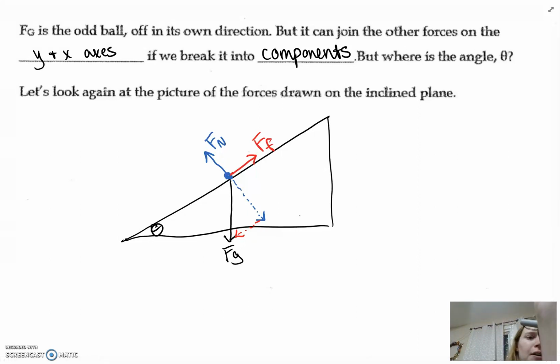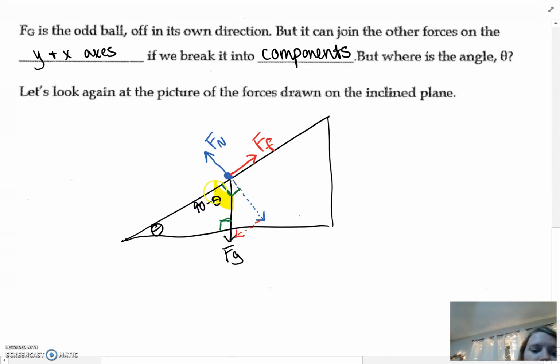Ultimately, this is a proof involving trigonometry. This angle here is a 90-degree angle, and this angle here is a 90-degree angle. You can think about this in two different ways, but basically if this is theta and this is 90, then this angle right here is 90 minus theta.